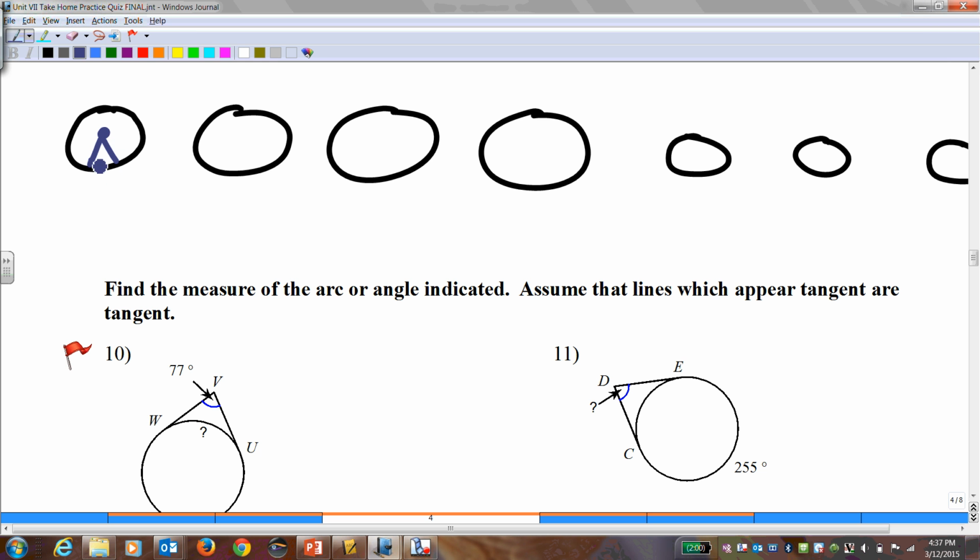Okay, we learned the measure of a central angle to its arc is the same. Angle equals arc. That's inscribed. The measure of an inscribed angle is half its arc.